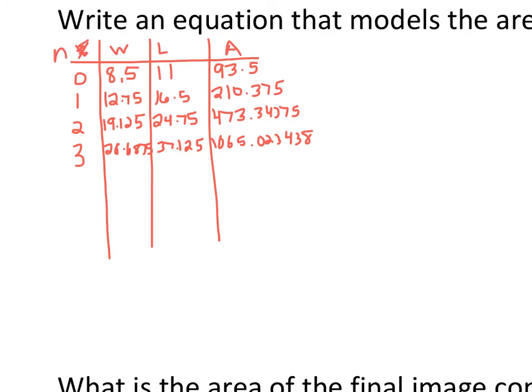and our area, which is A. We want an equation. Well, we know the starting value is 93.5. So I know that A is 93.5. To find the B, I have to figure out what's being multiplied. Well, off the top of my head, I cannot tell you what 93.5 times what gives me 210.375. So do the reverse. Do 210.375 divided by 93.5.